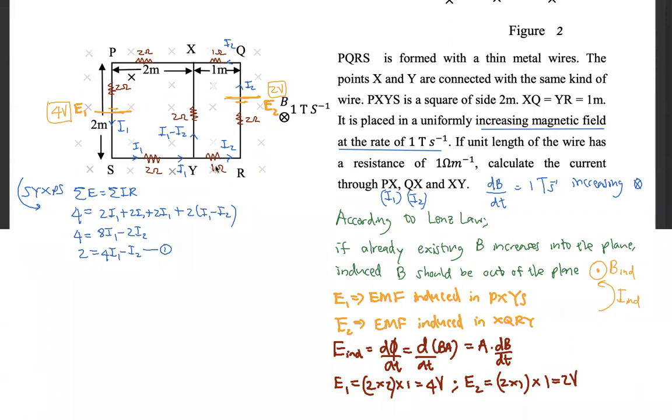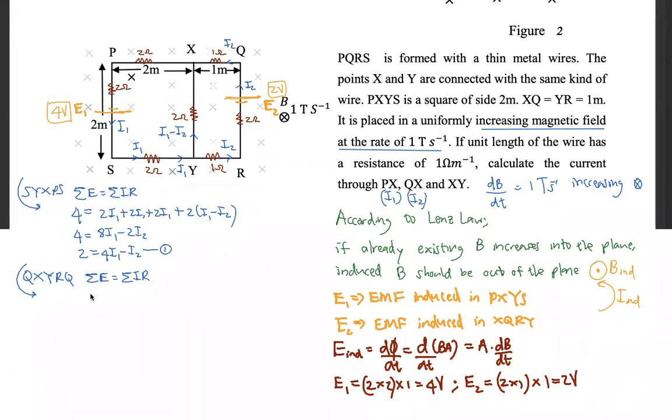All right, fine. We have two unknowns, therefore we will need another equation. For a change, let's apply the equation for this part. For this one, that loop is QXYRQ, and for that loop also I'm going to apply it counterclockwise. Sigma E equals sigma IR. What is sigma E here?